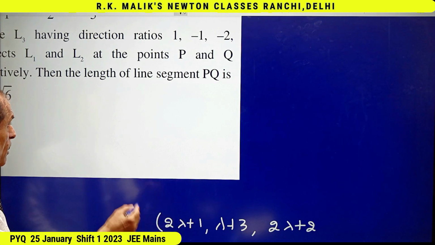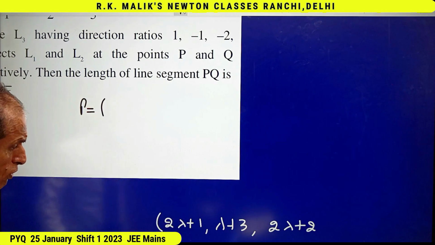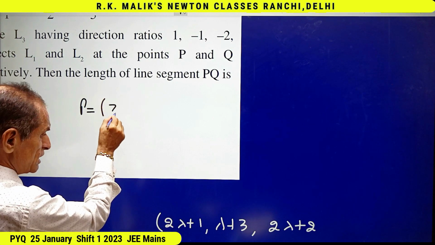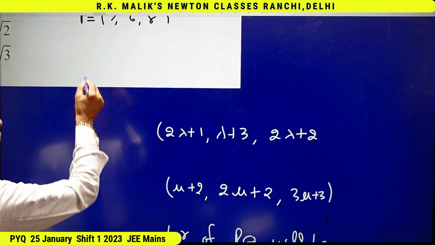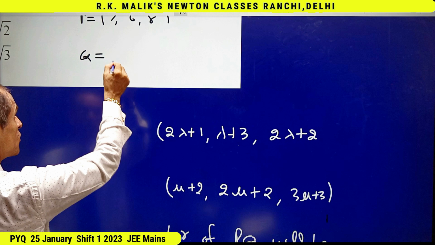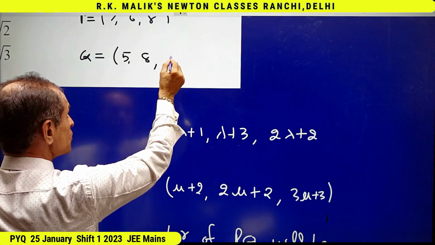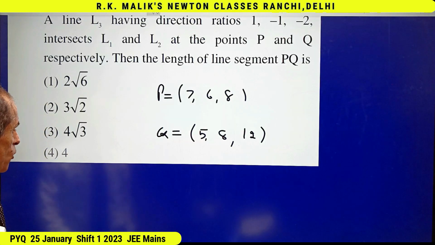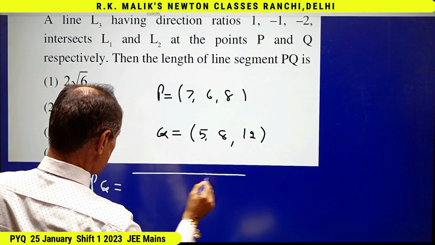Hence from here I can say the point P will have coordinates (7, 6, 8). The point Q will have coordinates (5, 8, 12). And now the distance PQ can be calculated very easily.